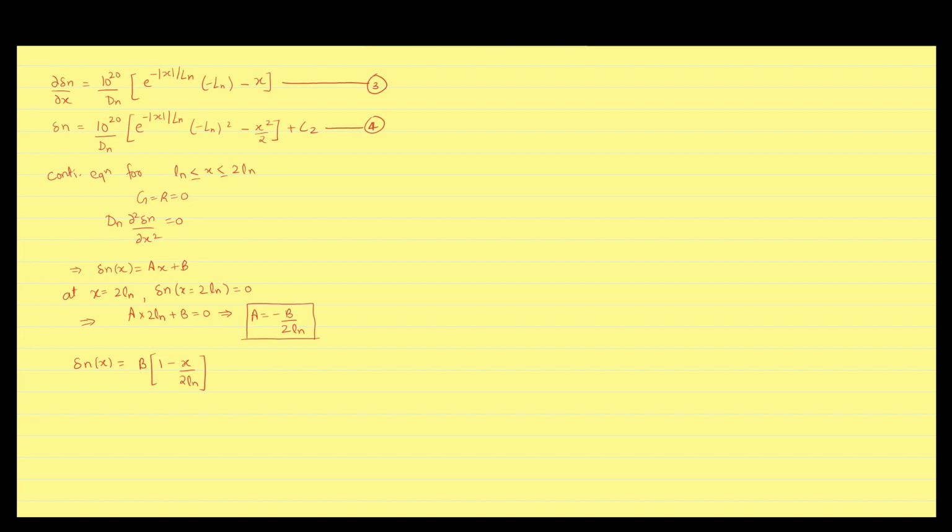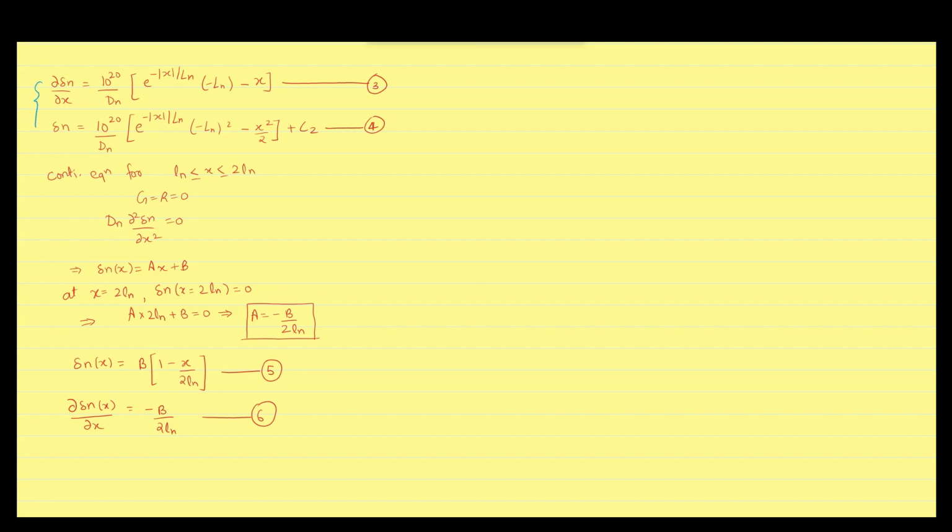If you differentiate it, we will get... Let this equation be 5 and this equation be 6. Now you know that these two equations were valid for x equal to or greater than 0 and equal to or smaller than Ln.